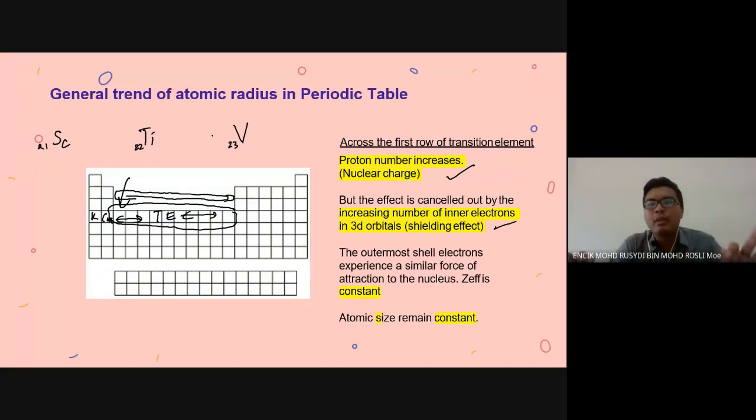So as I said, the proton number increases. Here we have 21, here 22, here 23. Alright.